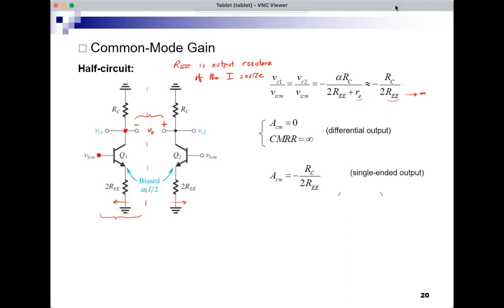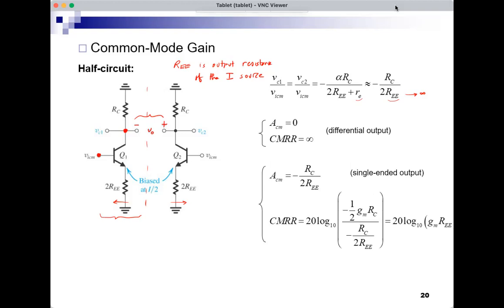For single-ended, if I only take the output at a collector to ground, this is ACM, and I have a formula for AD, and I can get an expression for CMRR. It will be 20 log base 10 of GMREE. So that's the common mode gain and the CMRR.